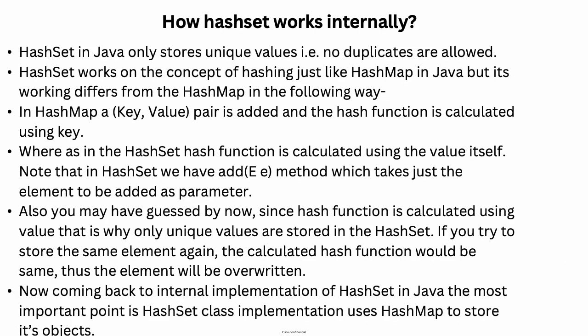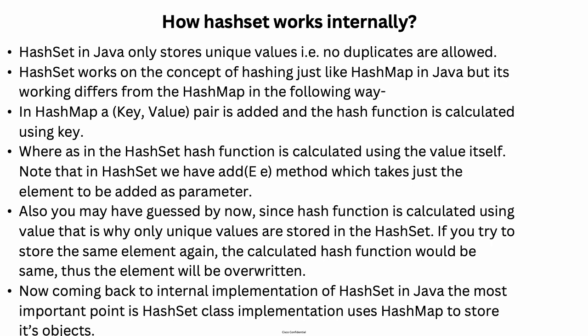How does HashSet work internally? This is a similar kind of question to how HashMap works internally, so you need to know how it works. HashSet in Java only stores unique values because internally it uses the Set interface. It uses the concept of hashing just like HashMap, but in HashMap the hash function is calculated using the key, and in HashSet the hash function is calculated using the value itself.